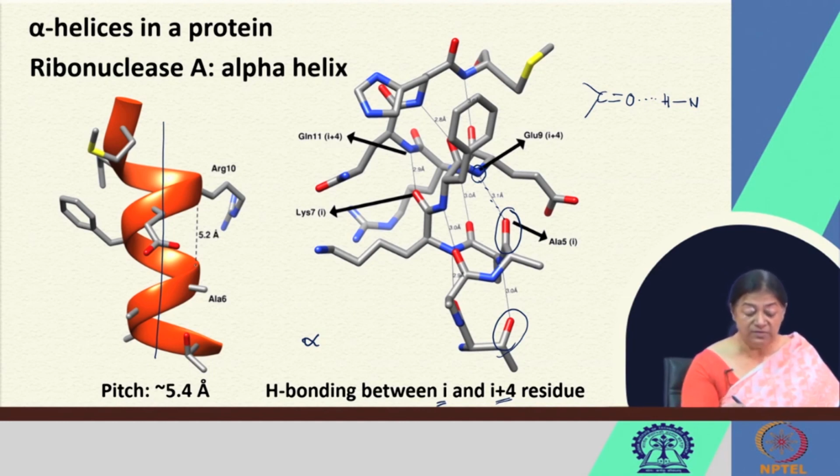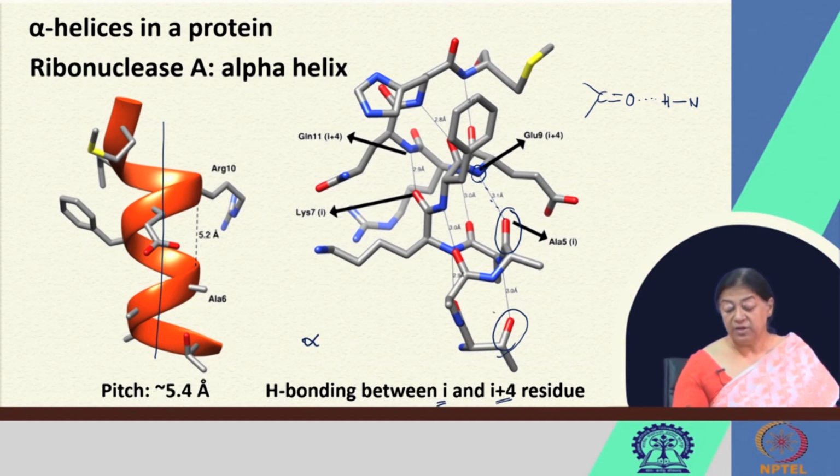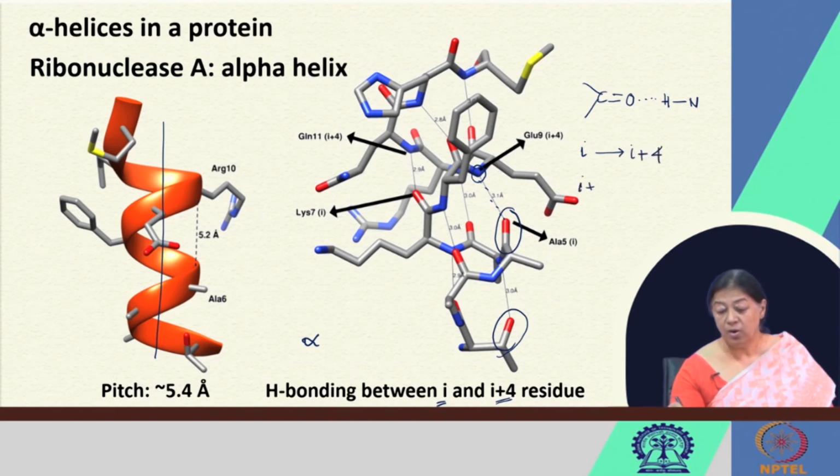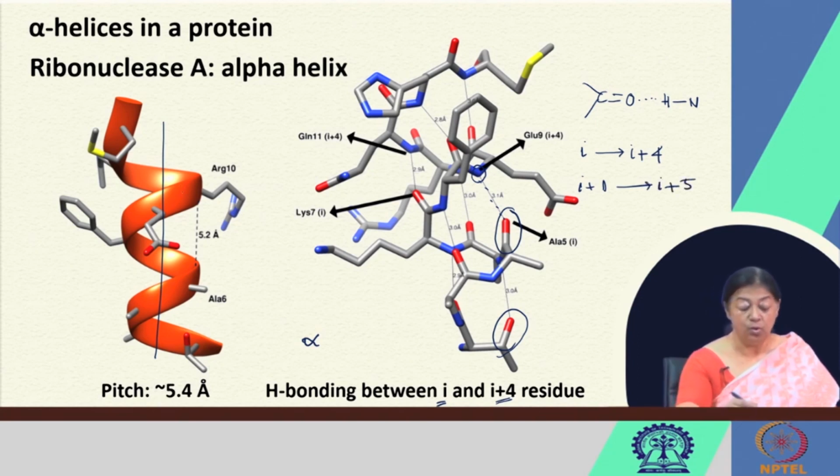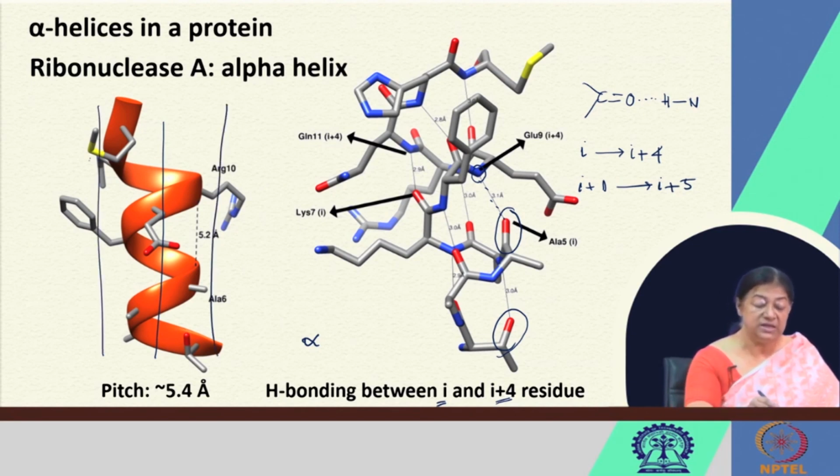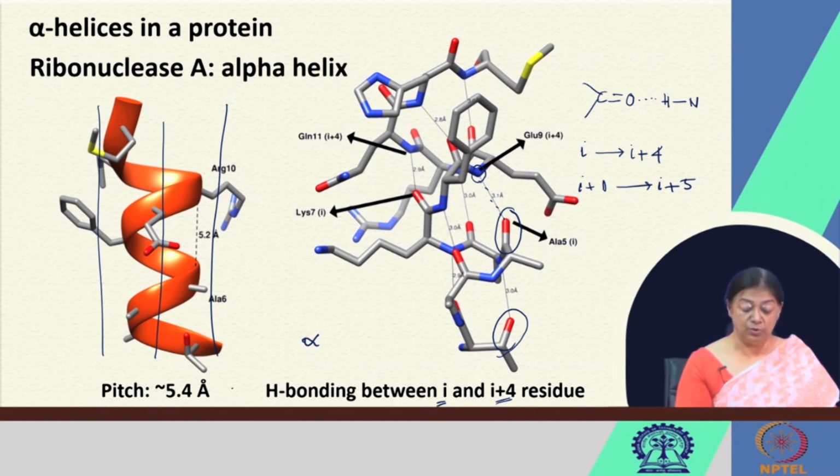When we have this i to i plus 4 bonding, i plus 1 will have a hydrogen bond to i plus 5, and so on, which will hold this in this particular fashion, with the side chains protruding out.